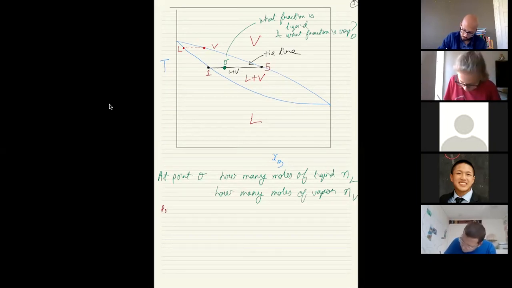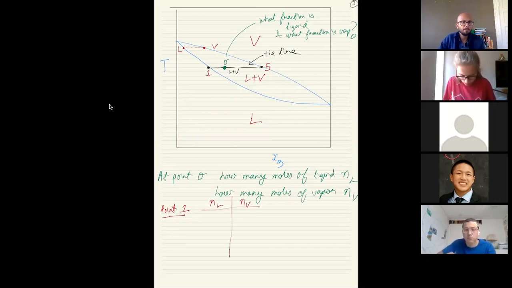So point 1 in this picture, what will be the value of N liquid and what will be the value of N vapor? How much will be N liquid? Any ideas? At point 1, what will be, and okay, one more thing, the total number of moles is N. Total number of moles that is fixed, right?